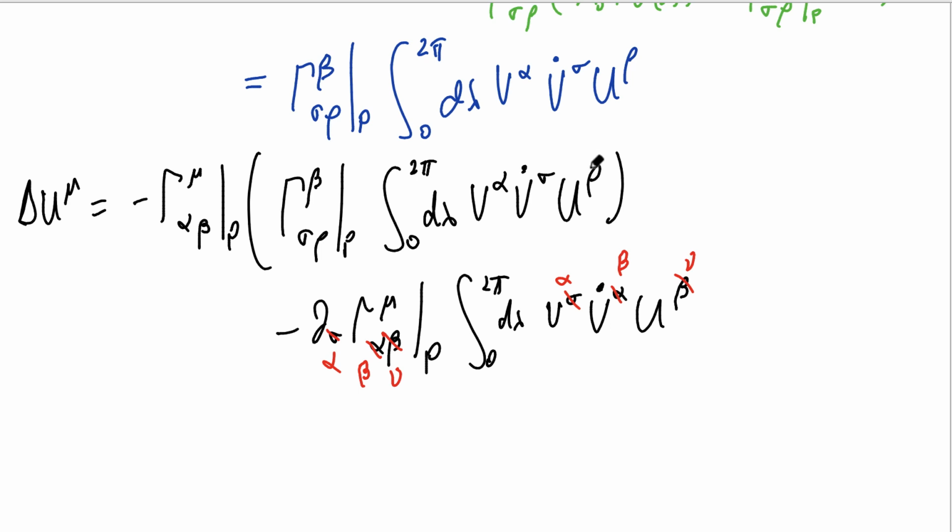I'm going to replace rho with nu. So this rho becomes nu. We'll replace sigma with beta. And now notice I have a repeated index beta here, so I better call it something other than beta. Since we are not using sigma anymore, let's go ahead and use sigma here. And then finally, this alpha can just stay as it is, as an alpha.